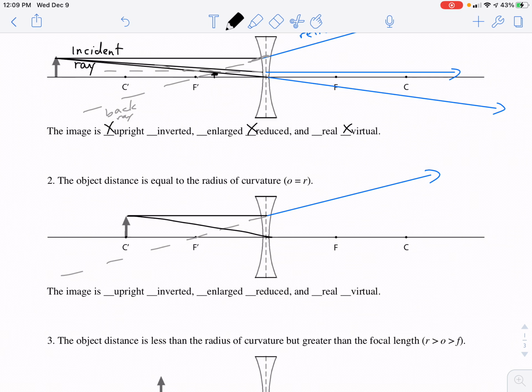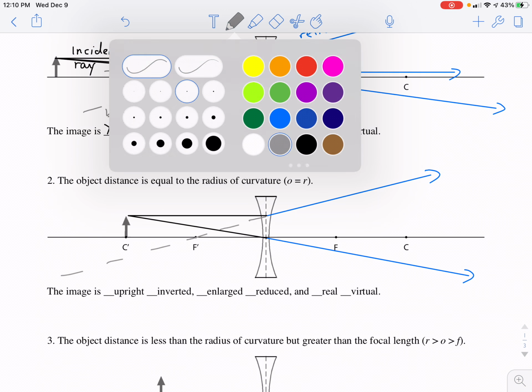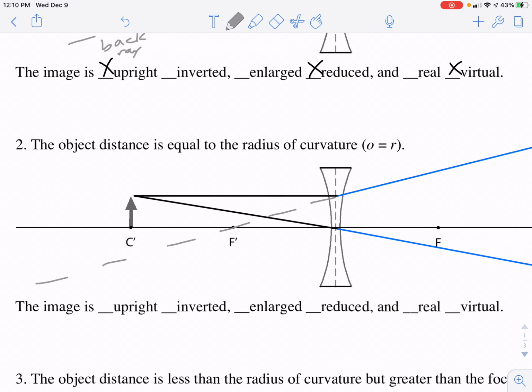Then set up your arrow to go and meet halfway through the lens and continue unrefracted. And in this case, you can draw your back rays coming back from the lens themselves, like this, back over the black.